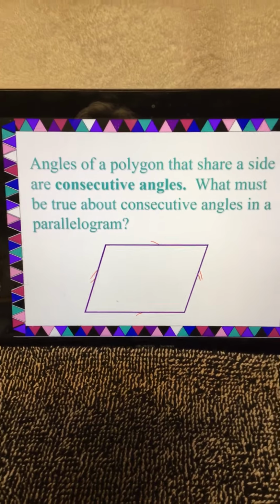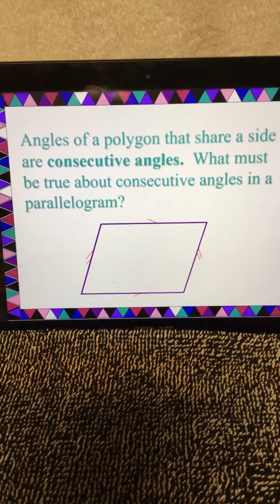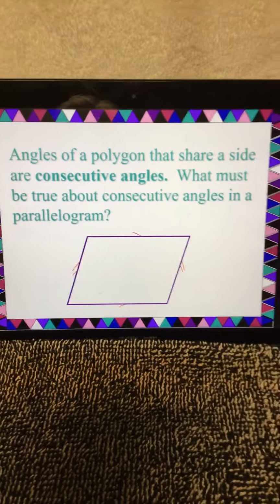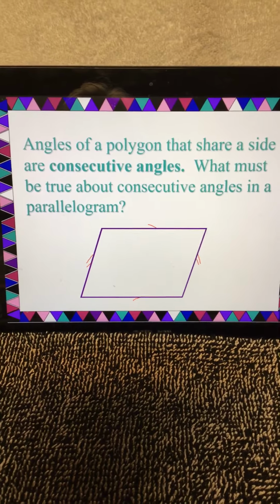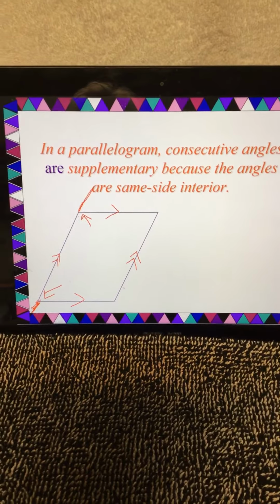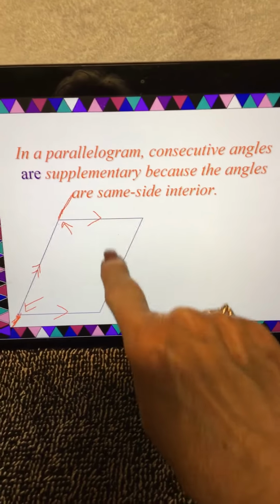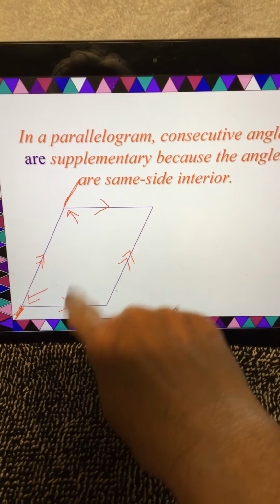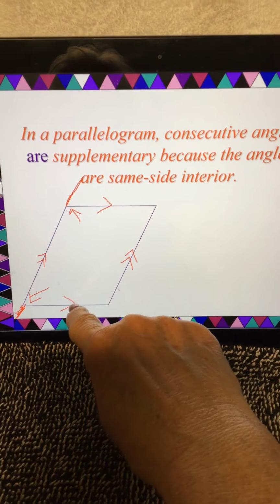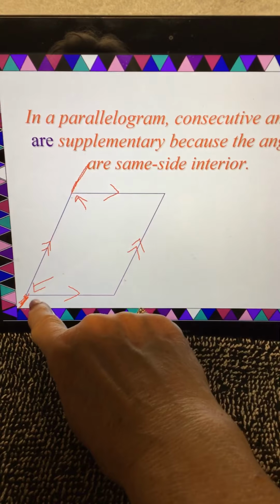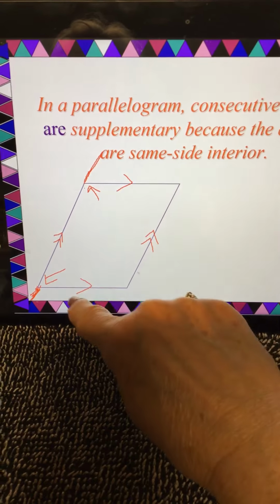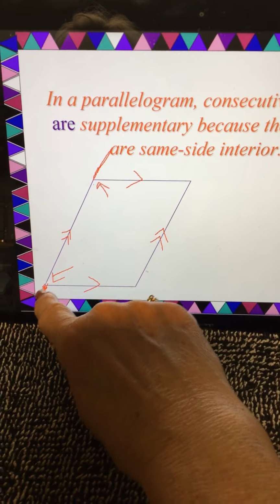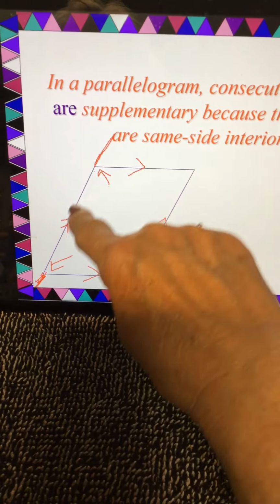Now, I want to explore a little more about what's got to be true about the consecutive angles in a parallelogram, not just a polygon, but a parallelogram. So I have a picture here, and I have my opposite sides marked as parallel. Now, I've extended this side, and I'm trying to go back to that notion about what happens when parallel lines are cut by a transversal.